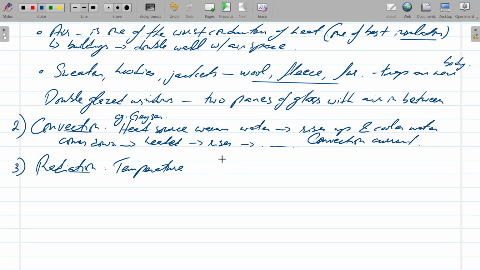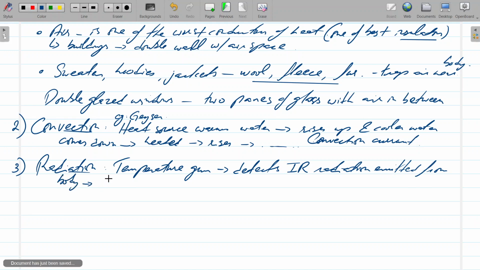They had the electronic device that they point towards your forehead to check whether you have a fever or not, and that basically detects the infrared radiation that you are emitting and shows that up as a temperature reading. So that's an application of radiation.